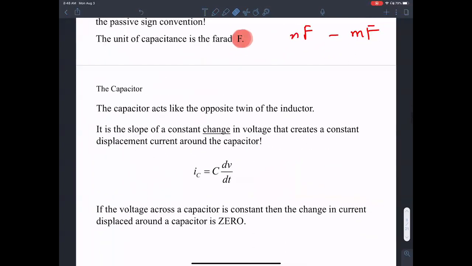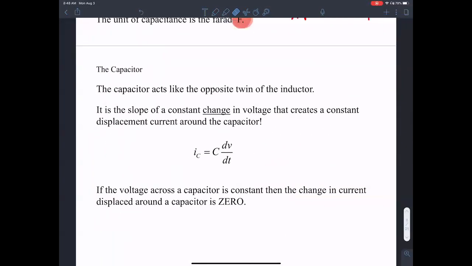The capacitor acts as the opposite twin, the dual of an inductance. If you were to plot the voltage versus the current of a capacitance, the current that is set up in a capacitance is really, let's see, let me do this. Let's say I have a constant slope.